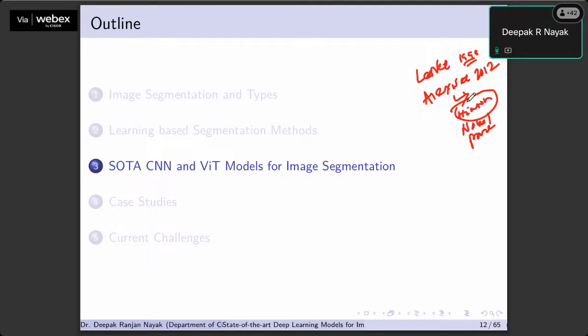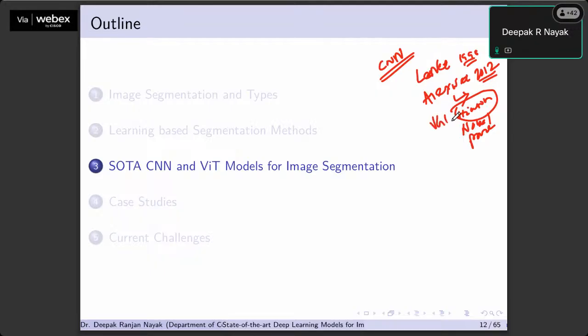And AlexNet is the major breakthrough in the field of convolutional neural networks, because from 1998 to 2012 there was no development in the field. But after 2012, you will find the developments of the CNN and several such advanced deep learning algorithms, including vision transformer and so many other architectures.